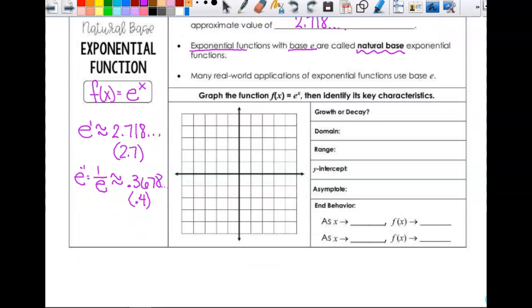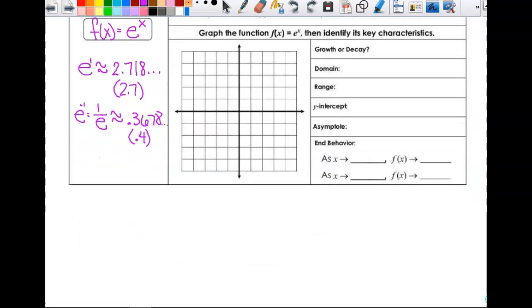All right, so when we go to graph it, if I substitute in 0, e to the 0 power is 1 every time. If I substitute in 1, I get e, which is about 2.7, so it's about right there.